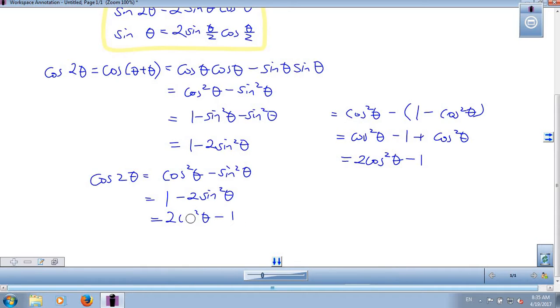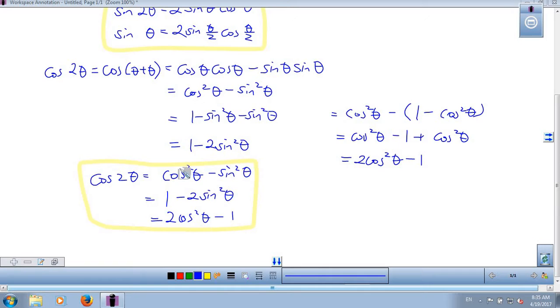Now the question is, when do we use which? It all depends on the problem you're working with and what kind of simplification you are looking for. If you want to convert cosine to purely sine, then write 1 minus 2 sine squared theta. If you want to stay with cosine, then use 2 cosine squared theta minus 1.